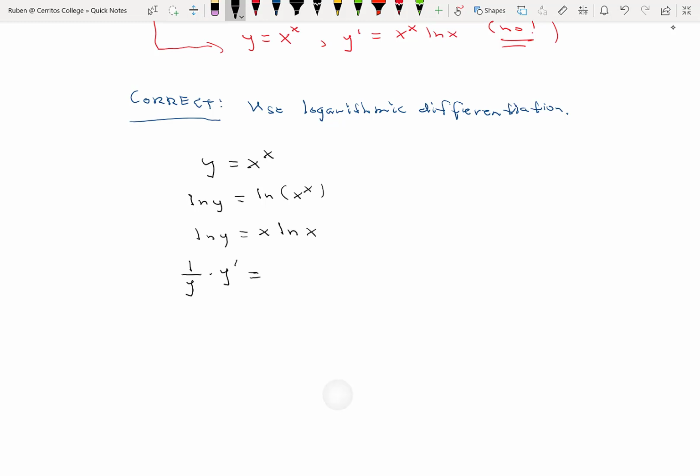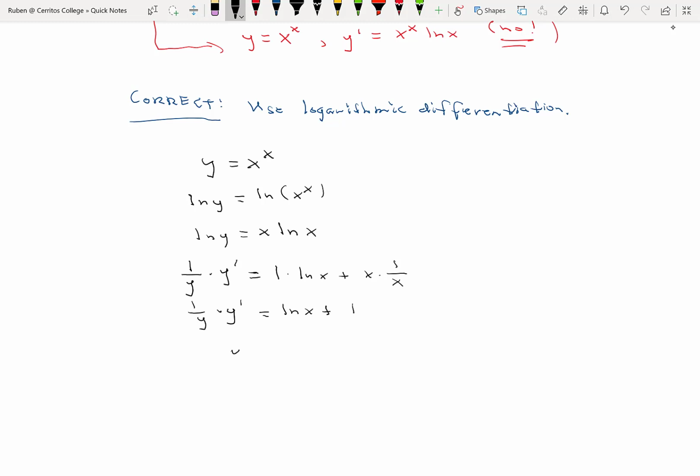The derivative of the first function is 1 times the second, plus the first function times the derivative of the second, 1 over x. So we're basically there. Let's simplify this right-hand side a little bit. We'll get rid of the 1 as a coefficient, and x times 1 over x is 1. So that's 1 over y times y prime.